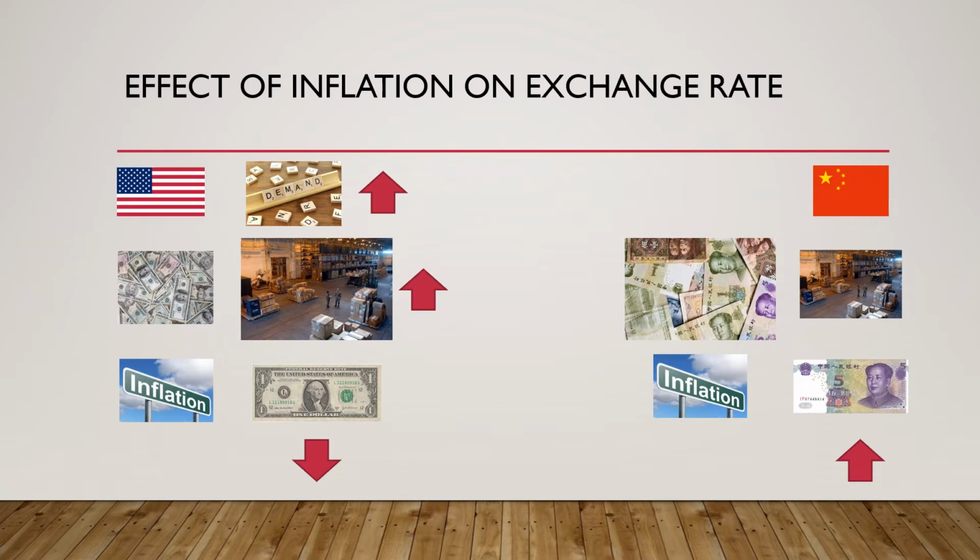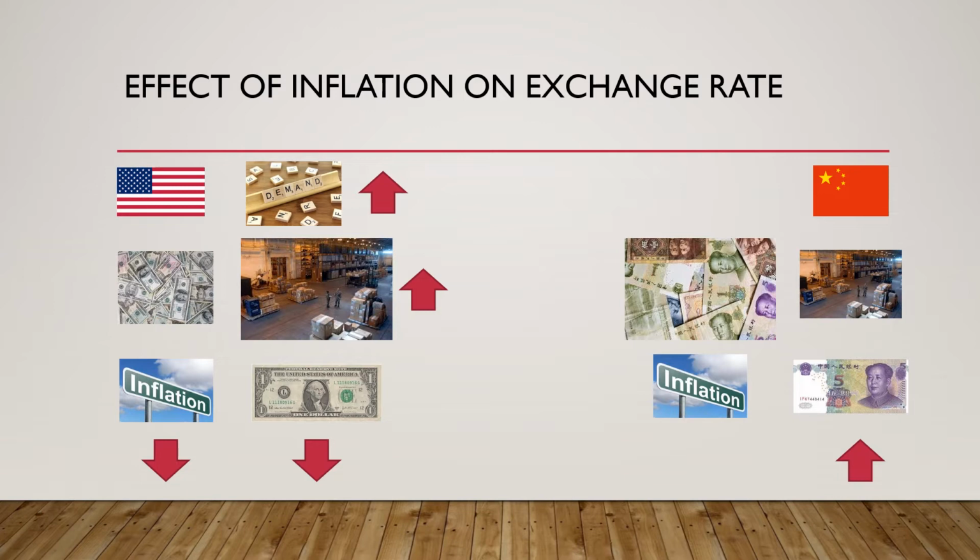Also, we would see that since the US is importing goods and services and China is exporting goods and services, the supply of goods and services in the US would increase relative to the money supply in the United States. Thus, the inflation levels in the United States should have declined.